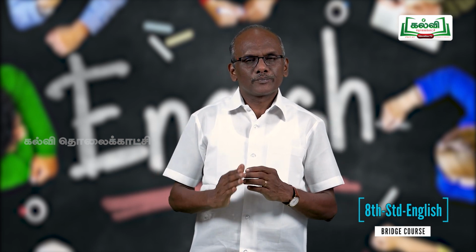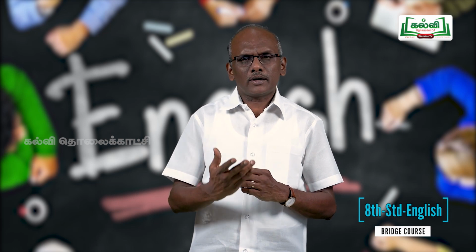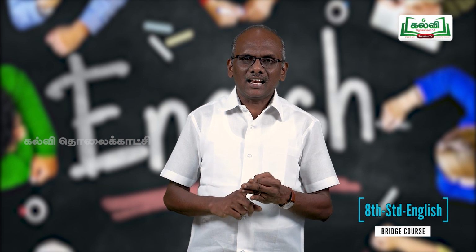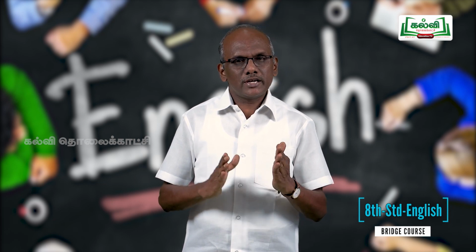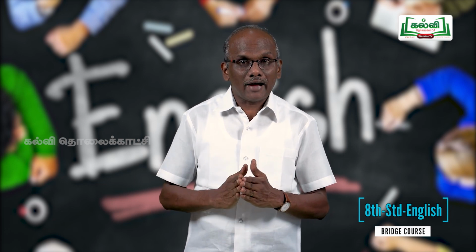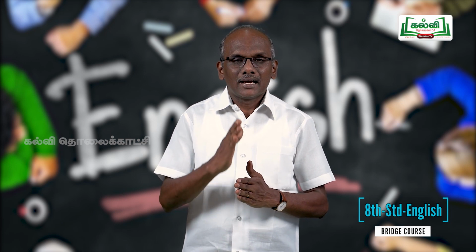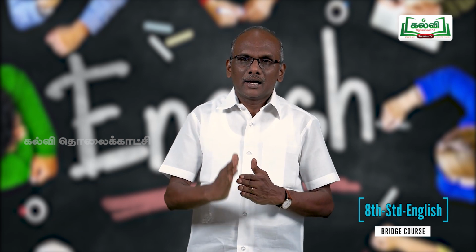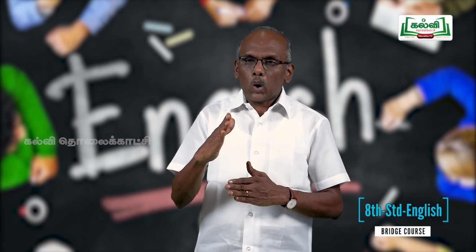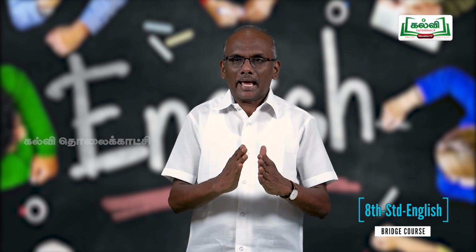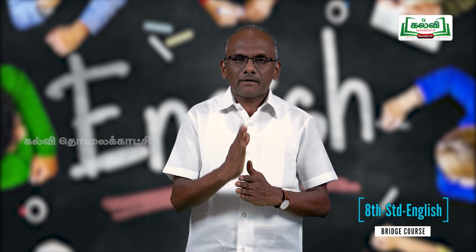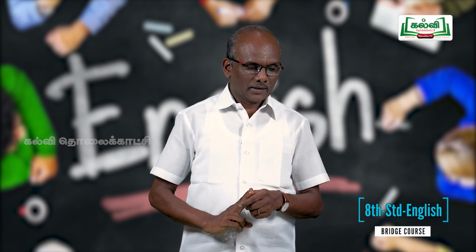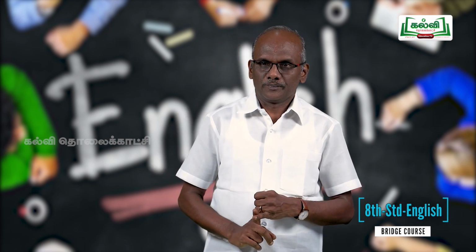Yellow. Spell the word. Y-E-L-L-O-W. Where to divide? Y-E-L. Divide here. And then L-O-W. So we divide the word in the middle here. This is one of the rules.